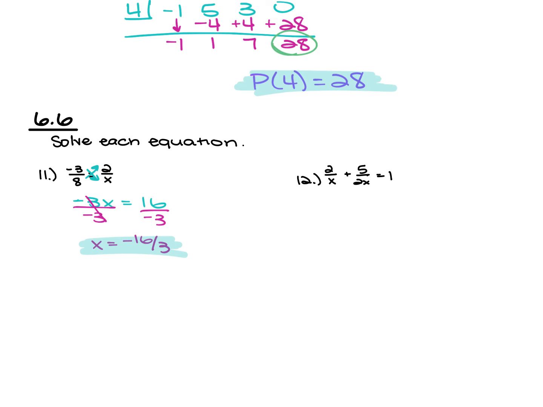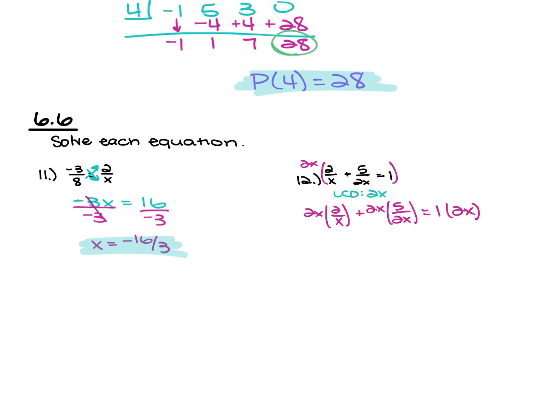For number 12, you have 2 over x plus 5 over 2x is equal to 1. Your least common denominator for this one is 2x. So we're going to multiply every term within that equation by 2x. So it's going to be 2x times 2 over x plus 2x times 5 over 2x is equal to 1 times 2x.